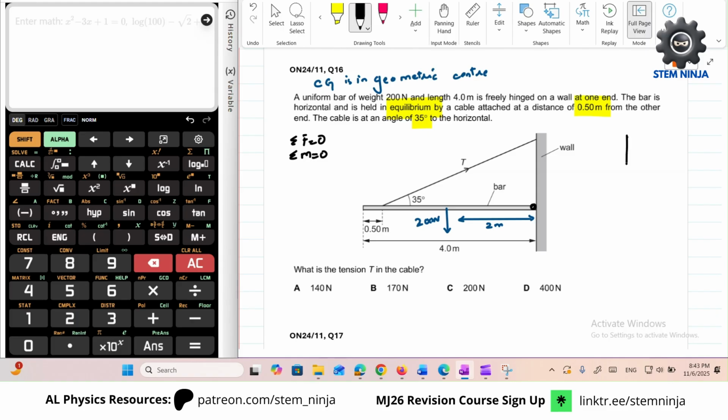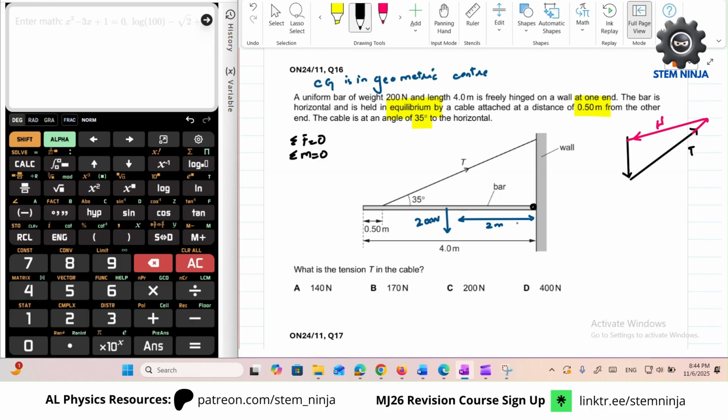So this is the weight and this is the tension. So tension may be acting like this. Just to follow through on the principle, there is going to be a force acting on the hinge. Let's call it force H.